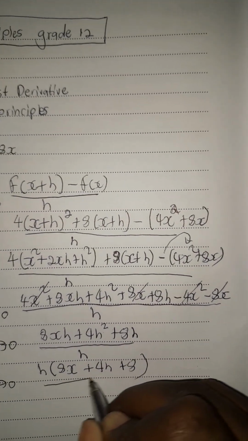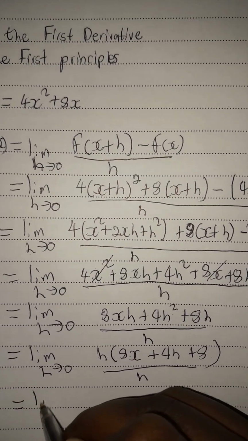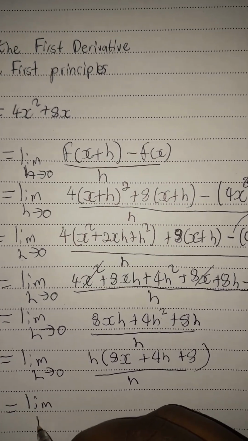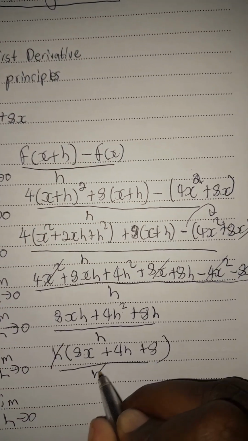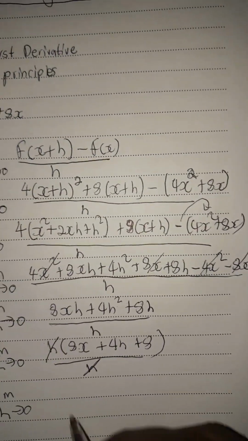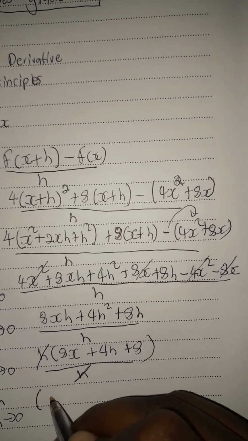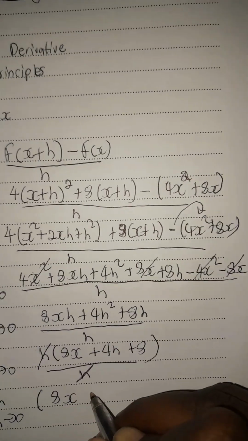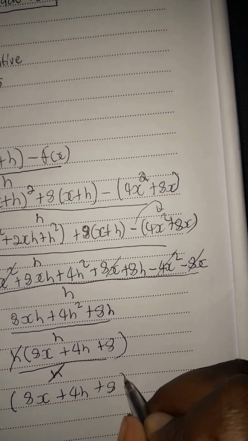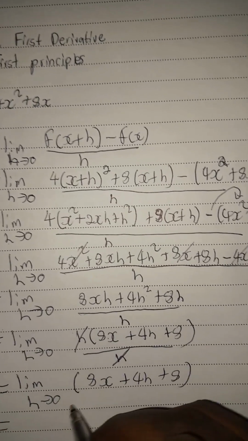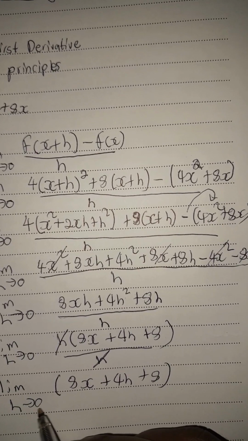Then divided by h, with limit as h approaches 0. From here, we could see that these are common, so they will cancel each other. Then we are left with 8x plus 4h plus 8.